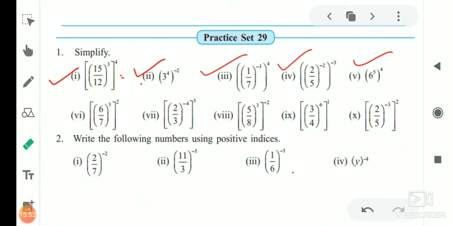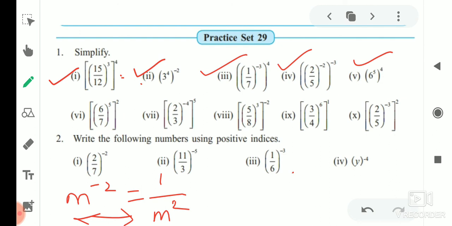We know that if any number has a negative power, for example m raised to the power -2, then it will become 1 upon m raised to power plus 2. It means that a negative power will convert into the multiplicative inverse.